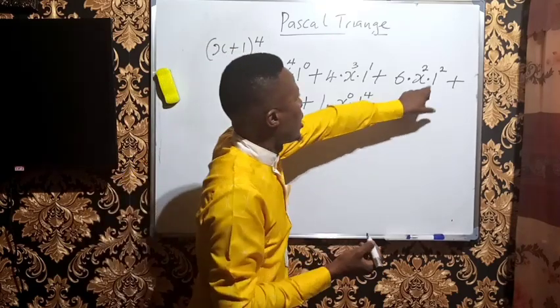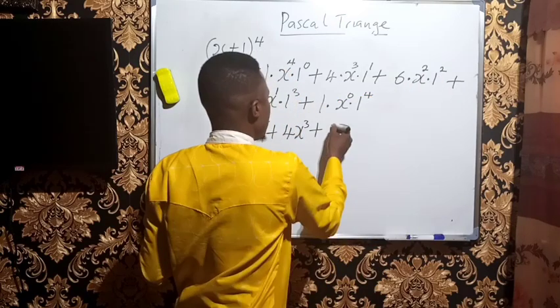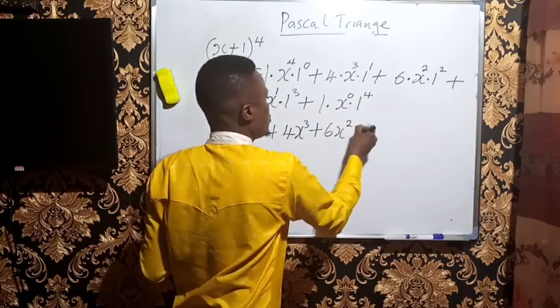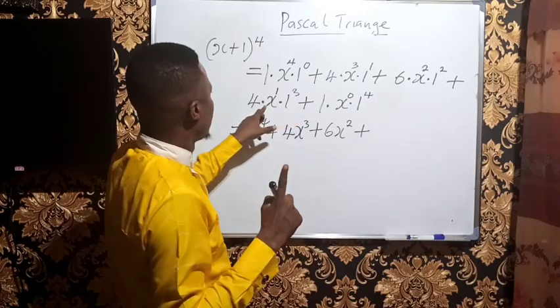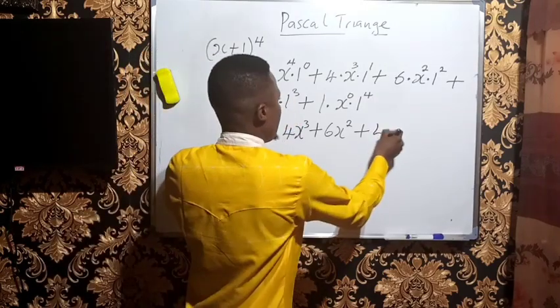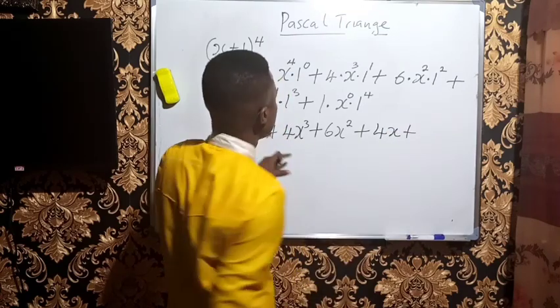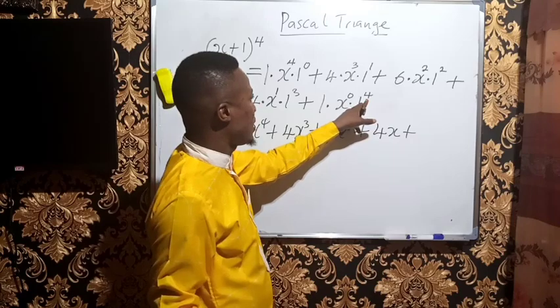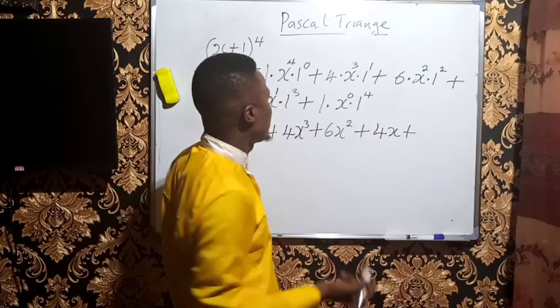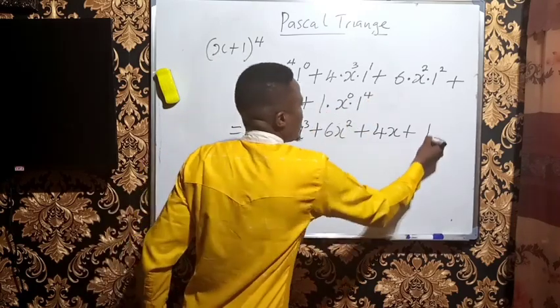Plus, 1 squared is 1 times 6. We still have 6x to the power of 2. Plus, 1 to the power of 3 is still 1. Times 4, we have 4x. Plus, 1 to the power of 4 is still 1. x to the power of 0 is still 1. So 1 times 1 times 1 will give us 1.